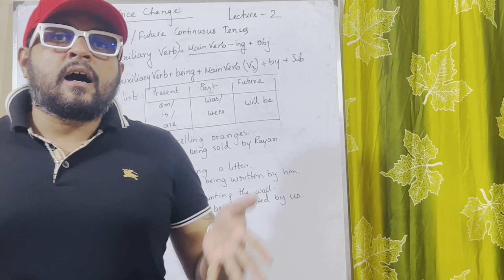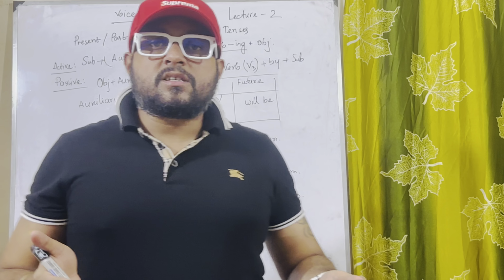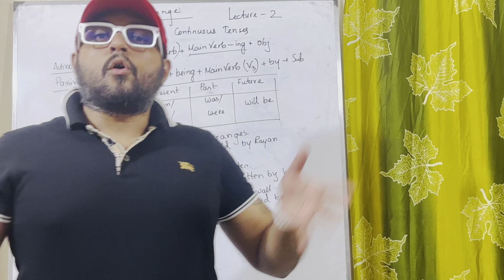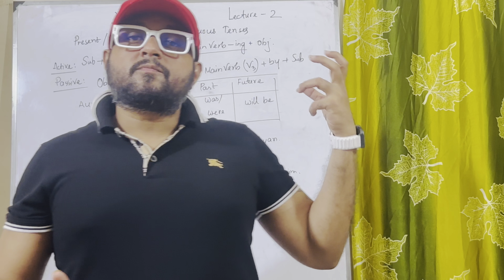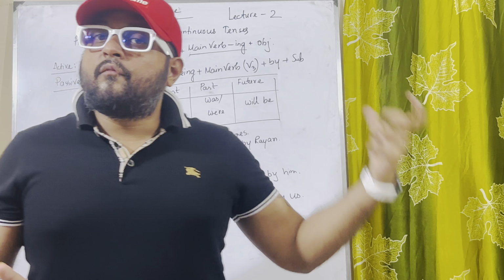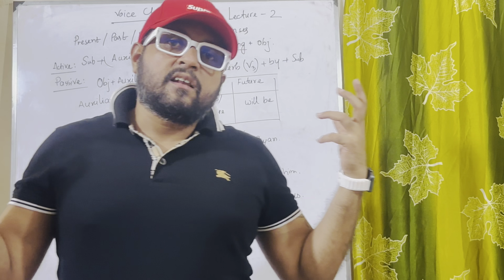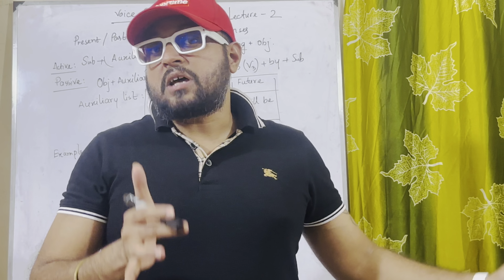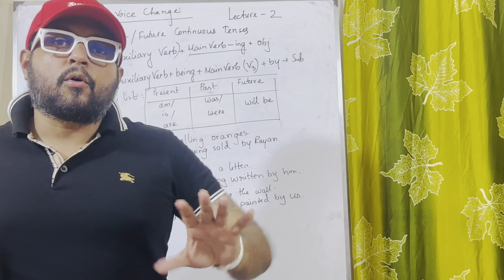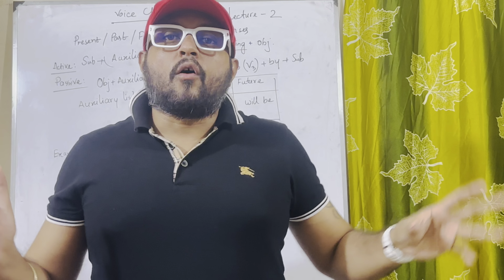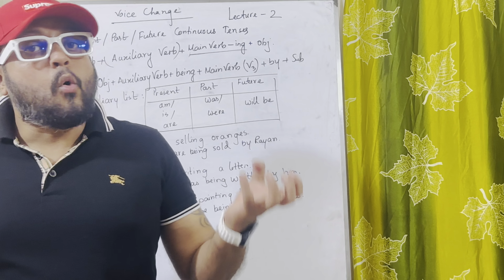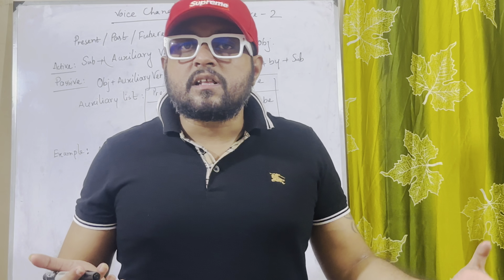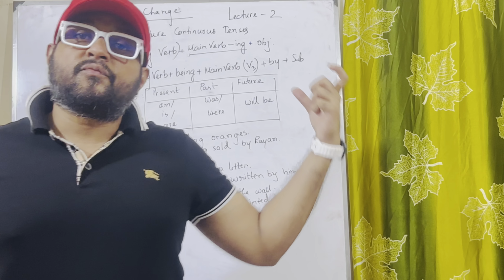So whatever the tense is, present or past or future, they have respective auxiliary verbs. For example, in present tense we use am, is, are, this type of auxiliary verbs before our ing verb. For past tense we use was or were as auxiliary verbs before our ing form verb.